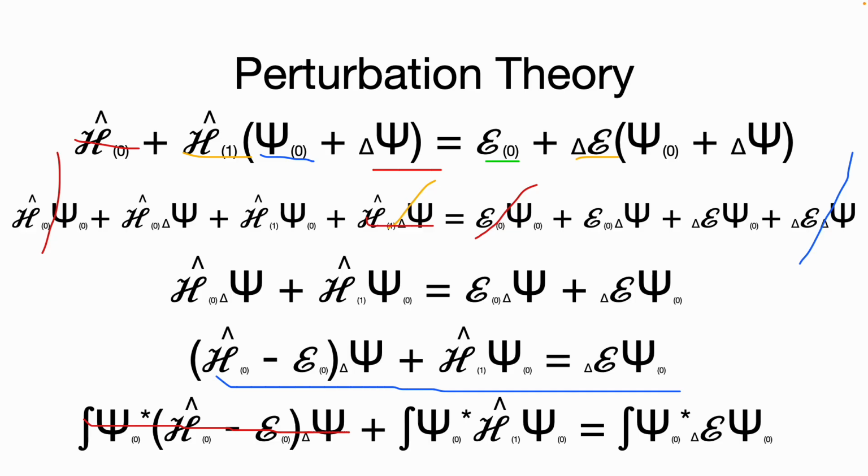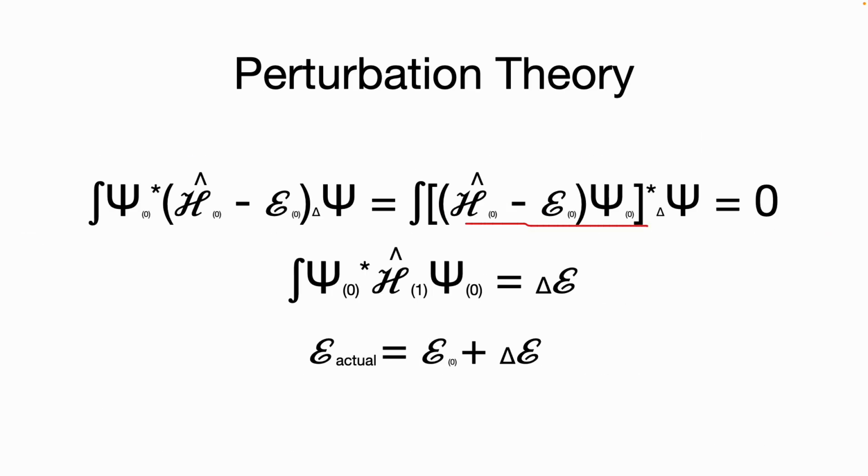Now the Hamiltonian is a Hermitian operator, and E0 is a constant. Hence, the total operator H0 minus E0 is also Hermitian, and as a result we can do this.